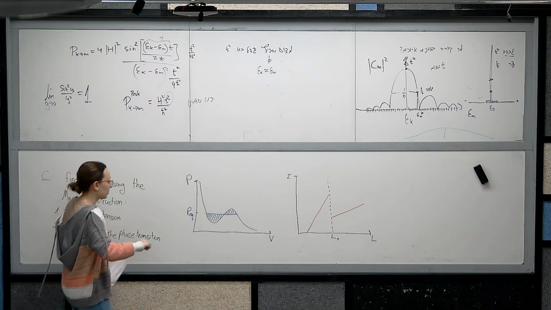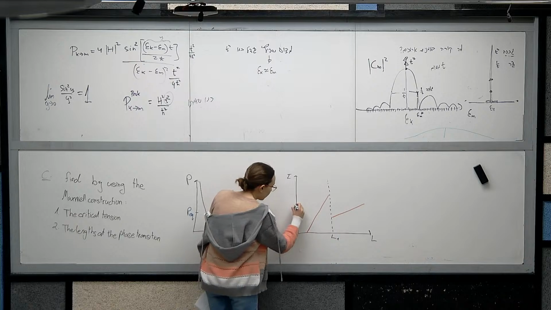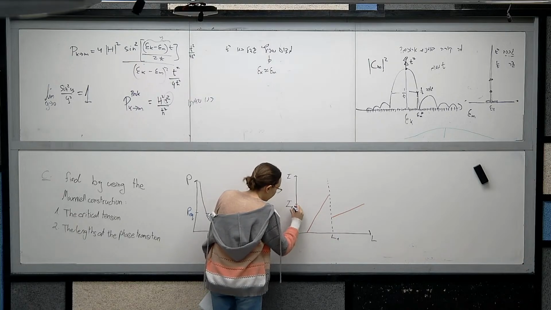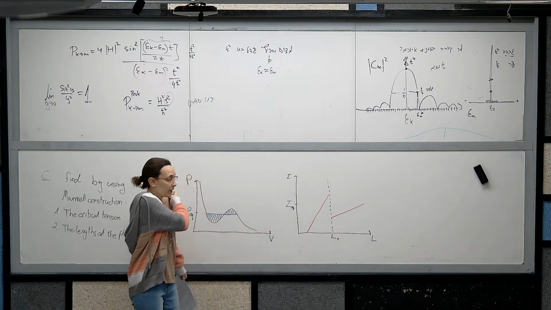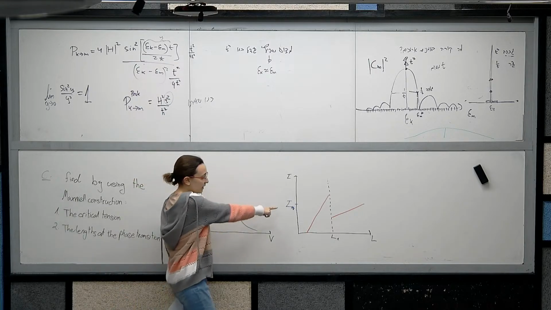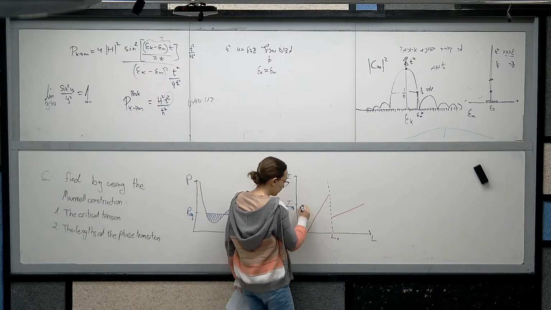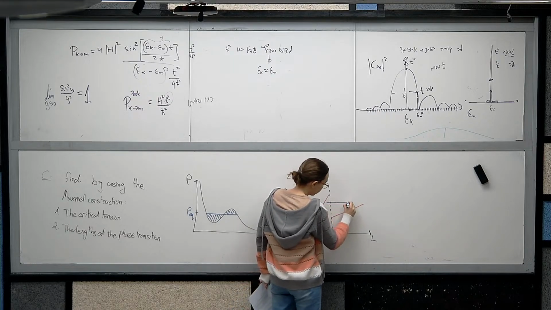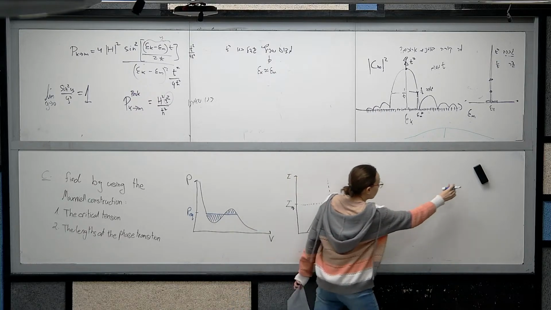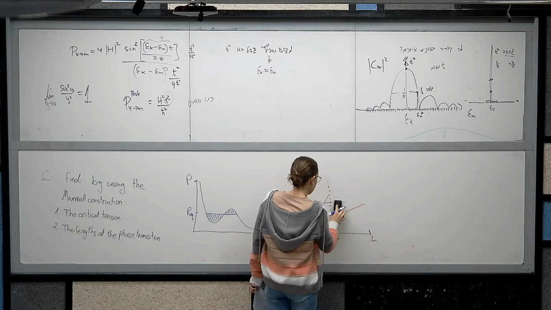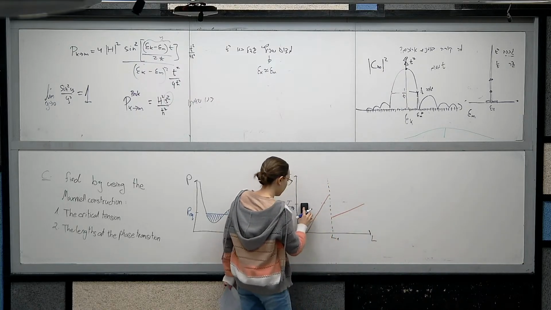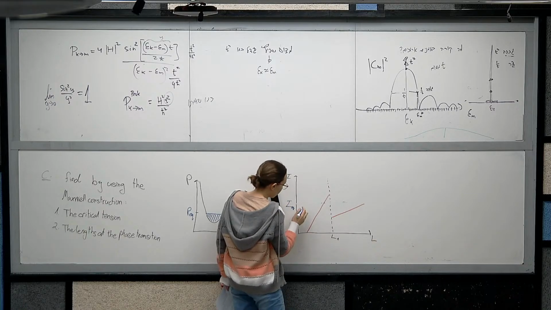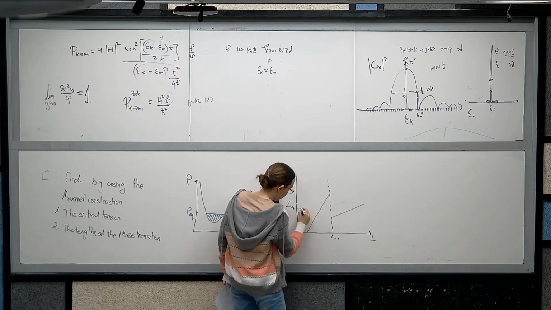Okay, now we want to find the equilibrium of the tension. Okay, and we draw a straight line in this value. Okay, should be a little bit lower. Let's say here.